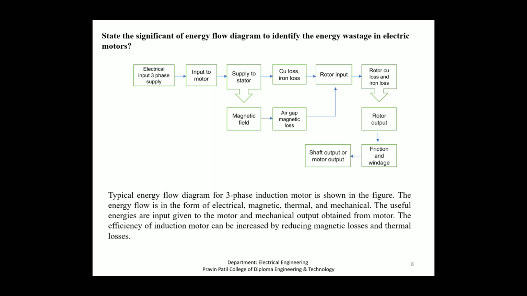The remaining power, that is input electrical power minus stator losses, is supplied to the rotor as rotor input. Now the rotor has to convert this rotor input into mechanical energy, but this complete input cannot be converted into mechanical output, as it has to supply rotor losses.